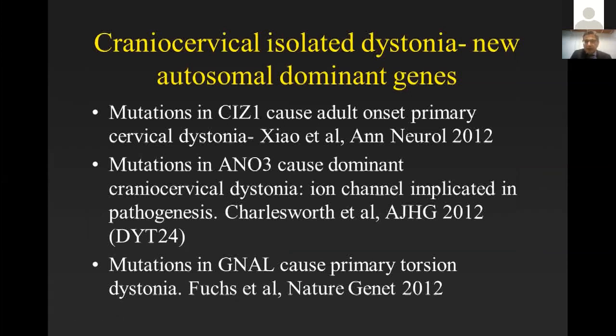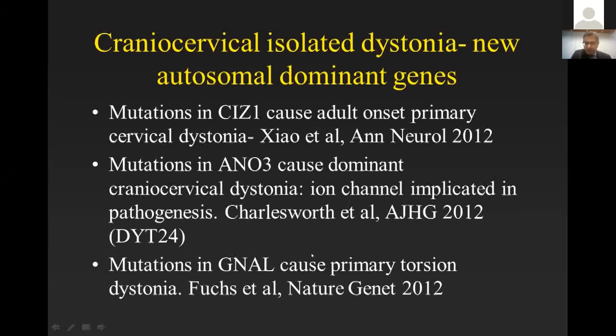There are some other more recently described craniocervical isolated dystonia genes. One of them is CIZ1, although other people have not confirmed this. But the two important ones which you might wish to remember are mutations in ANO3 and mutations in GNAL. Now, ANO3 causes craniocervical dystonia, and this is one of the first genes of isolated dystonia where an ion channel was implicated.